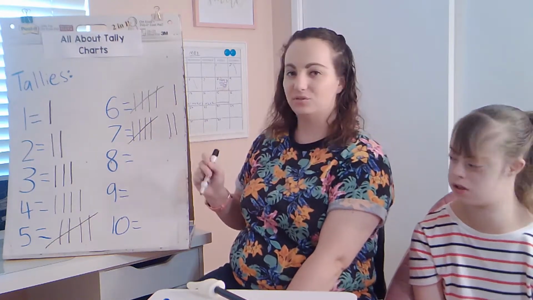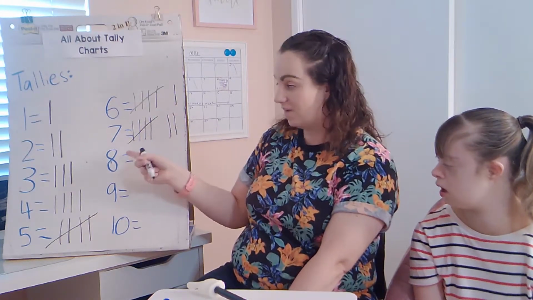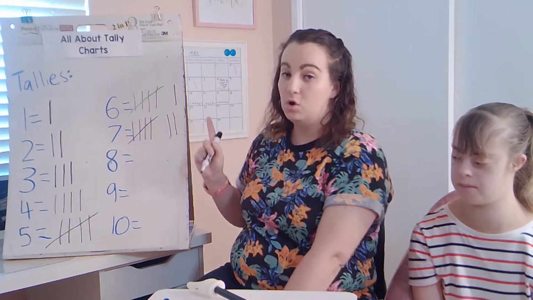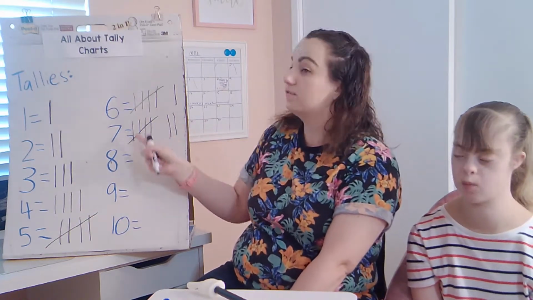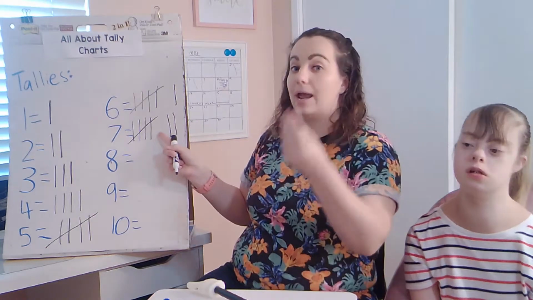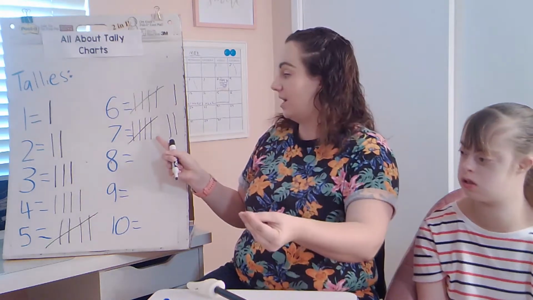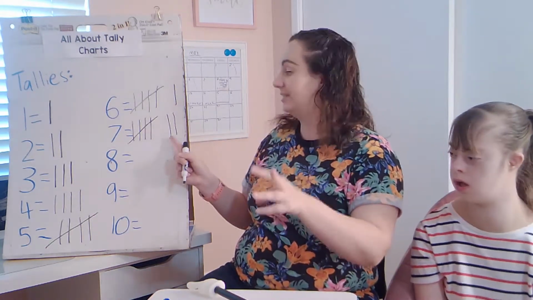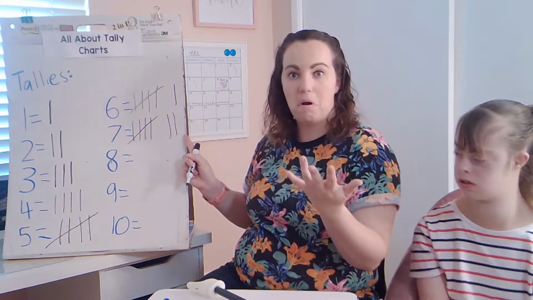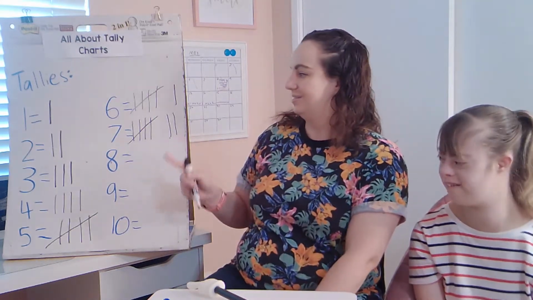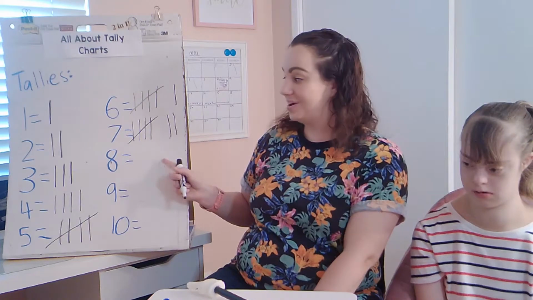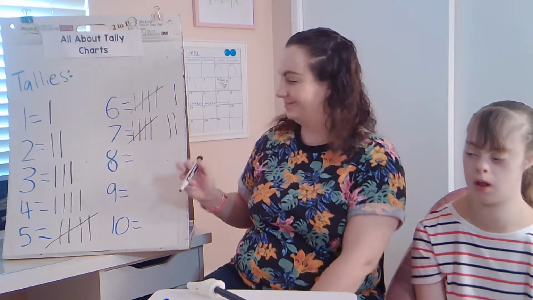So 7 is written as 1, 2, 3, 4, 5, 6, 7. Or you can also view it as, oh, there's a 5. And you keep counting on. What number comes after 5? 6, 7. Awesome. So let's go on to the next one. See how we'd write 8. Here we go.